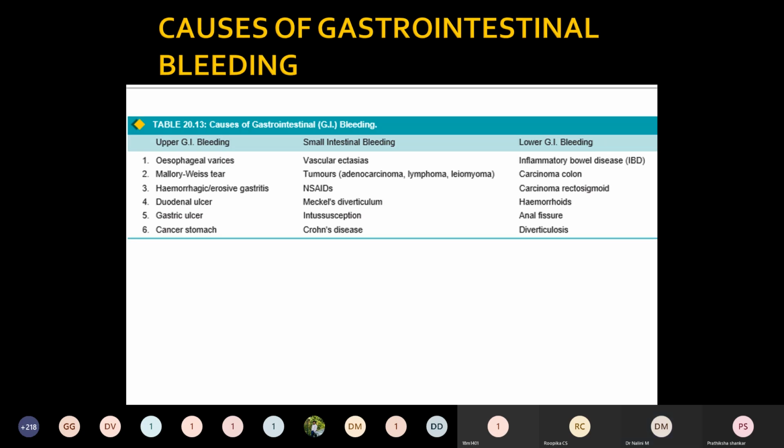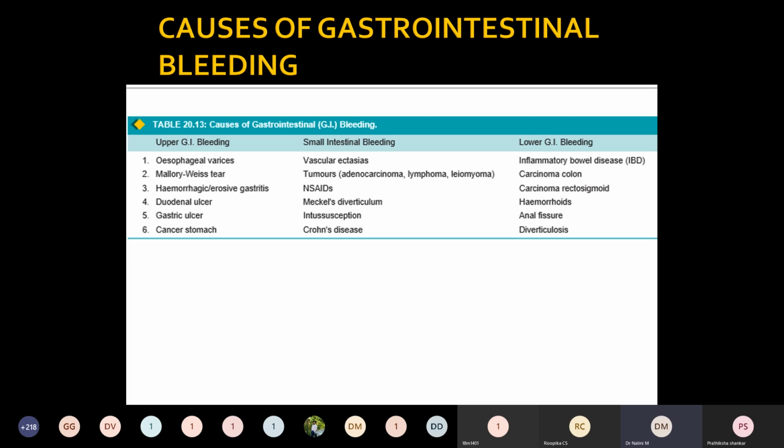To conclude, there is one more question that could be most commonly asked: what are the causes of GI bleeding? So I thought I'll put it up as the last slide, concluding the GI topic. In upper GI bleeding, you have esophageal varices, erosive gastritis, Mallory-Weiss tear, duodenal and gastric ulcers, and carcinoma stomach.